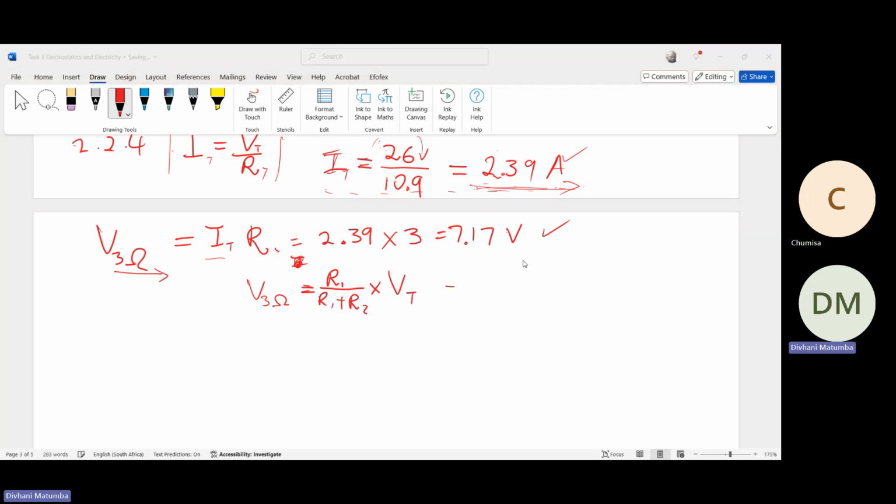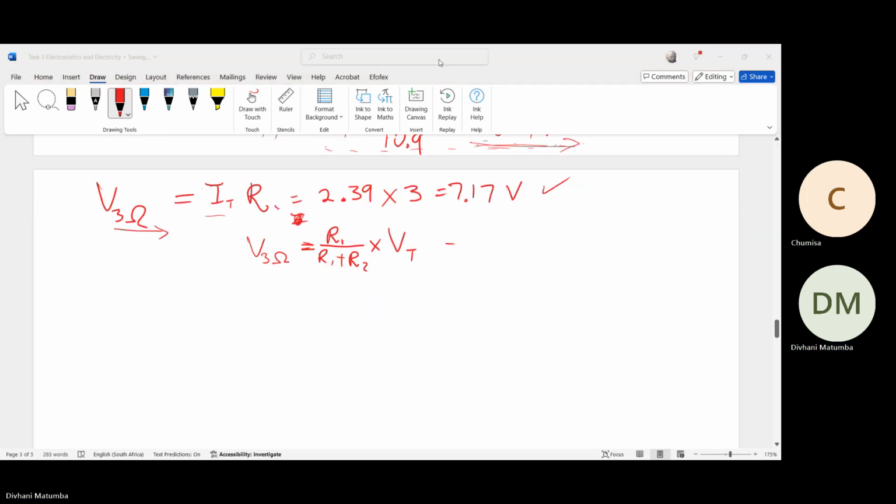You can get the same answer. So R1, which is 3 ohms, will be 3 plus the resistor of the other branch.